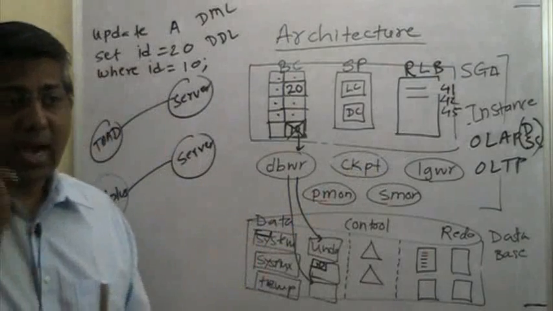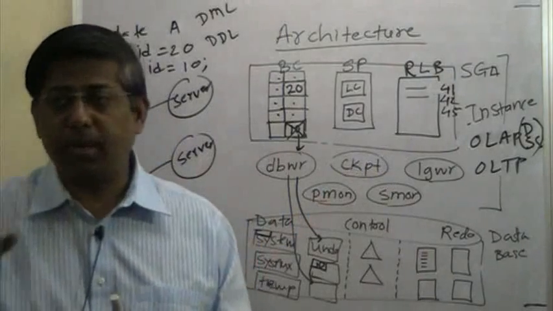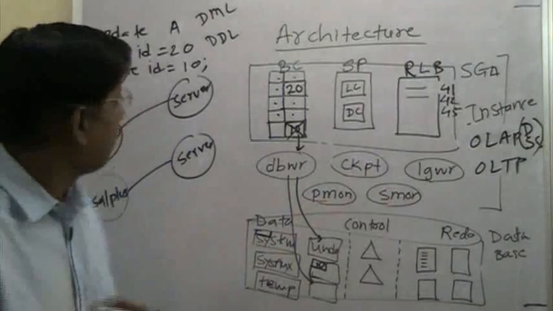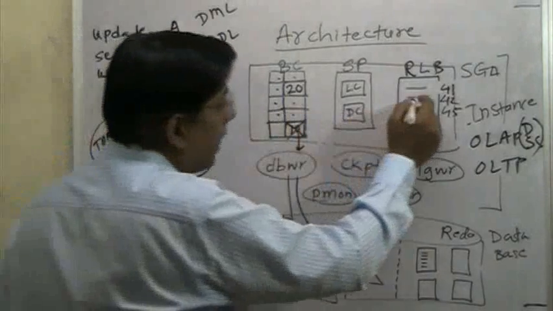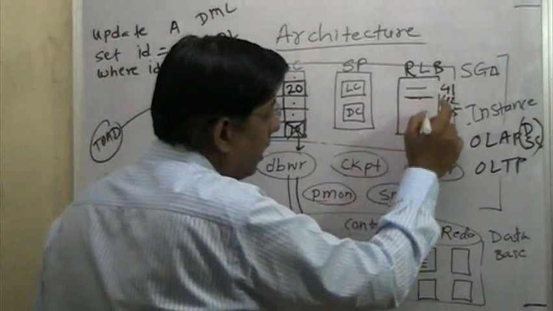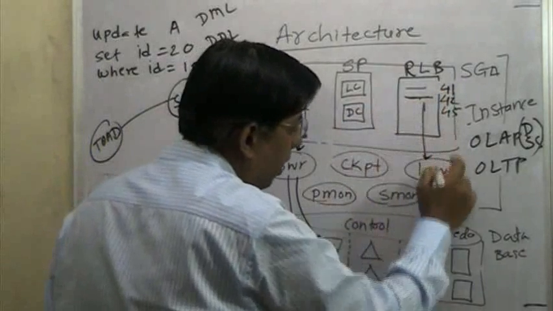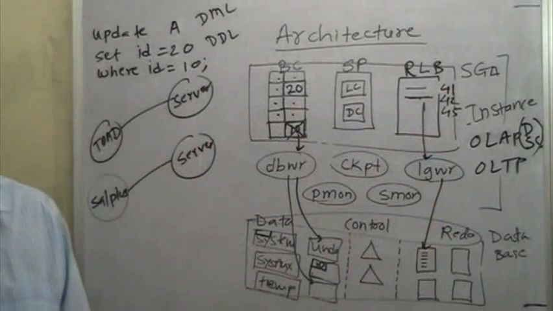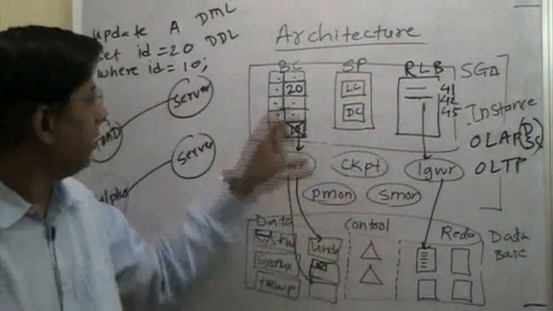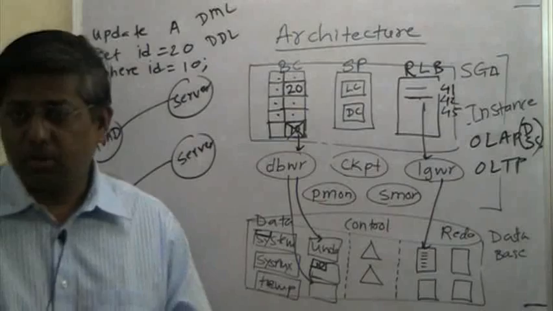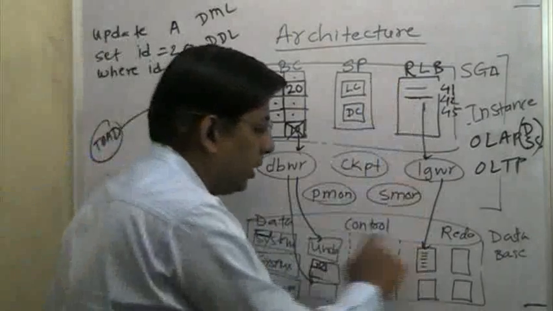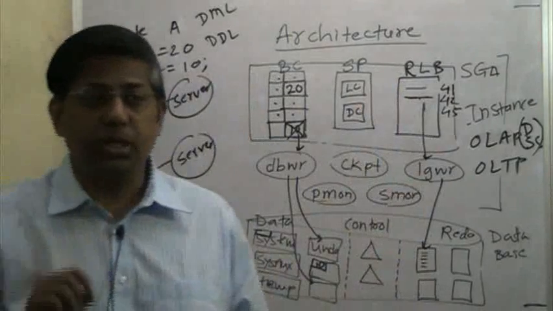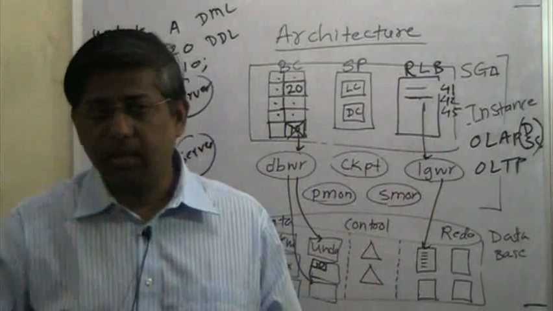And then what exactly happens when we type the command commit? When we type the command commit, the update transaction is suddenly written from here by the LGWR process to a file called a redo file. So there is a buffer, and there are files. This information is written sequentially, that means one after another.